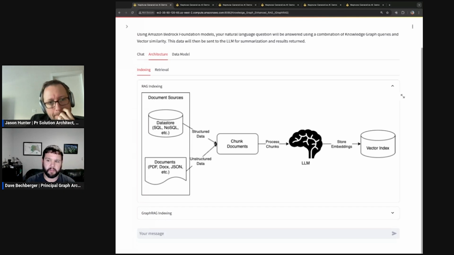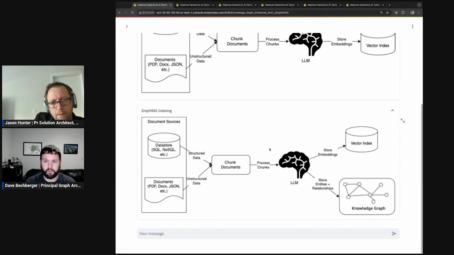You take those chunks, process them through the LLM, create some sort of embedding, and that gets stored into some sort of vector index. OpenSearch, I think we did OpenSearch before. Yeah, OpenSearch would be a great example, and one we see a lot of customers working with. So GraphRAG indexing is pretty much the same through the first part.